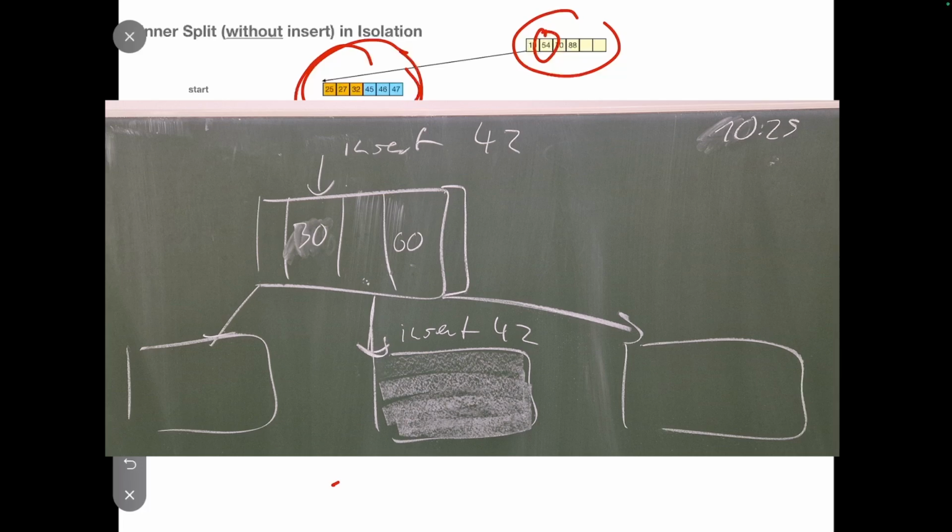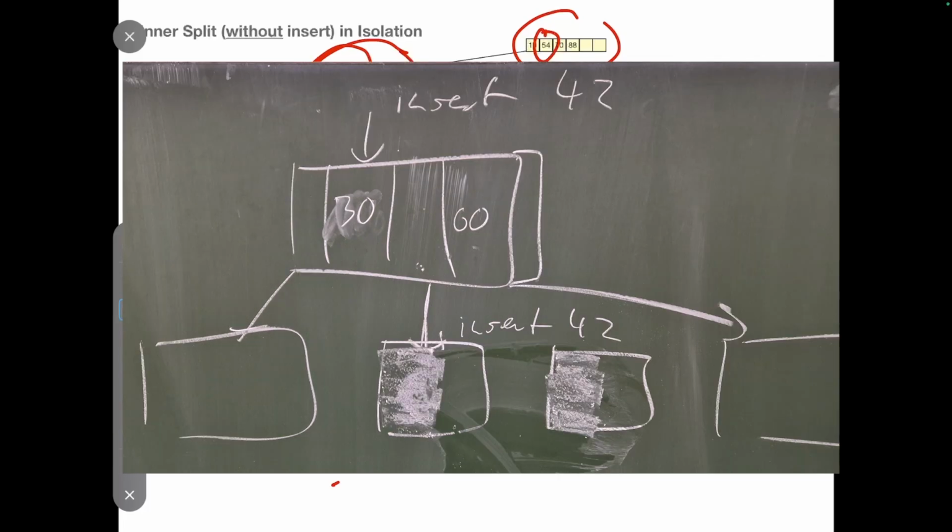So I will delete this one, and replace it by two new leaves. One here, and then they're kind of half full. And depending on this split position, I put it on the left or put it to the right.